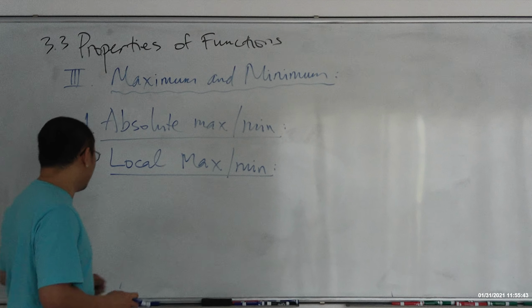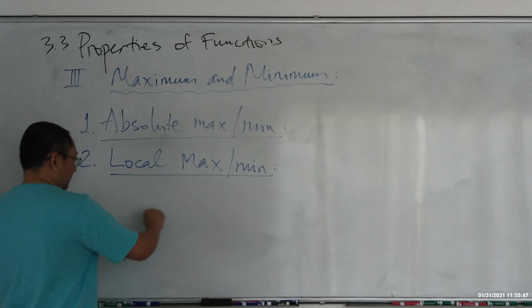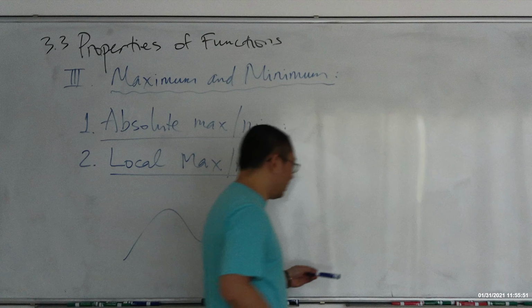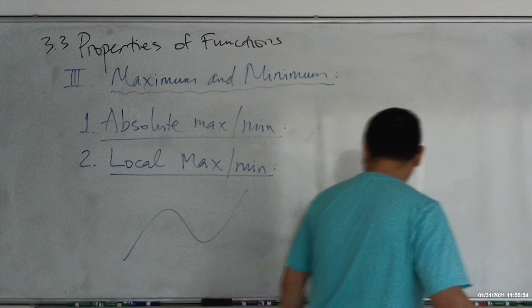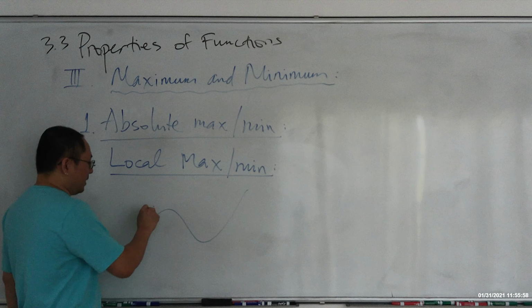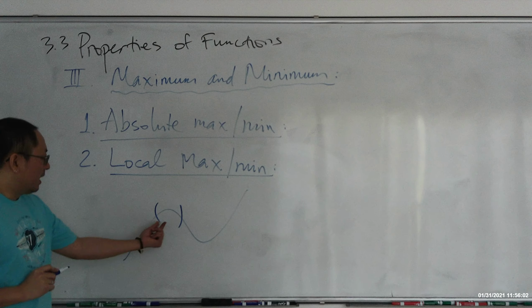Okay? Local max and local min. So let me demonstrate using the graph again. Local. We talk about a local region. We don't talk about the entire domain anymore. Okay. So a local region in math means what? An open interval. Okay? So a point right here.